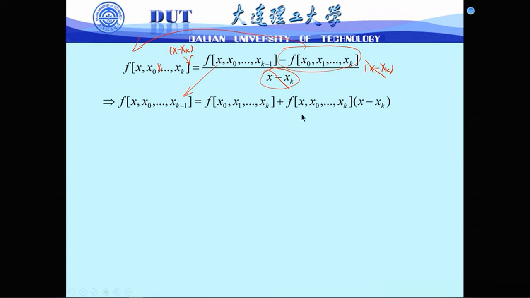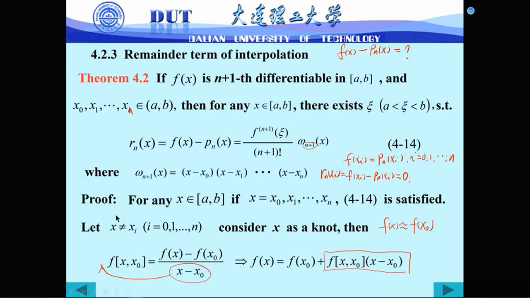Now let's consider, firstly, what we already know from the last slide. Here, f(x) equals f(x0) plus the first order divided difference of f at x and x0, multiply x minus x0.